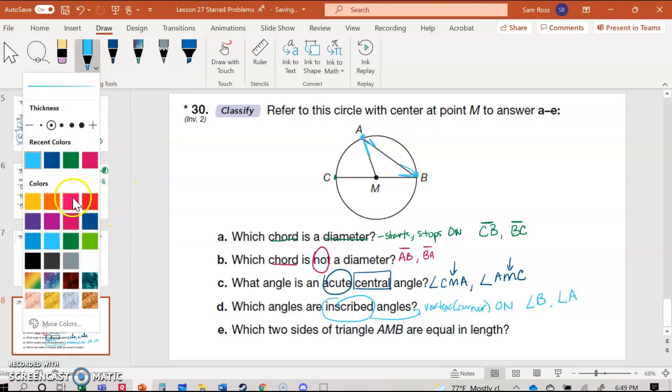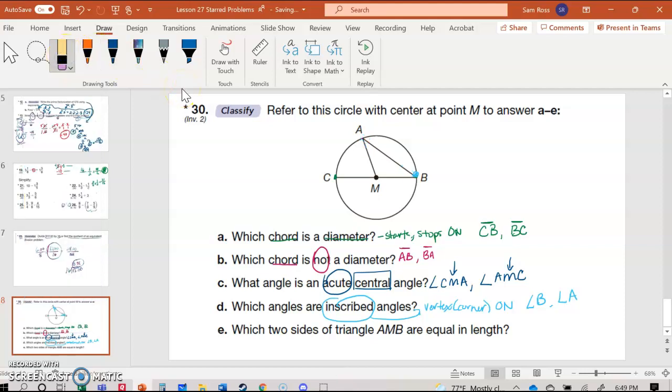And then lastly, I wonder if I have orange. Yeah. What two sides of triangle AMB are equal in length? Well, how would we know that? I know that the measurement from the center to the circle is the radius, and I know from the center to the circle is the radius.